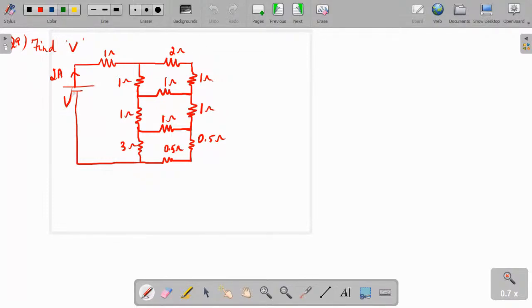Find the source voltage V. Okay, so let me simplify the network.